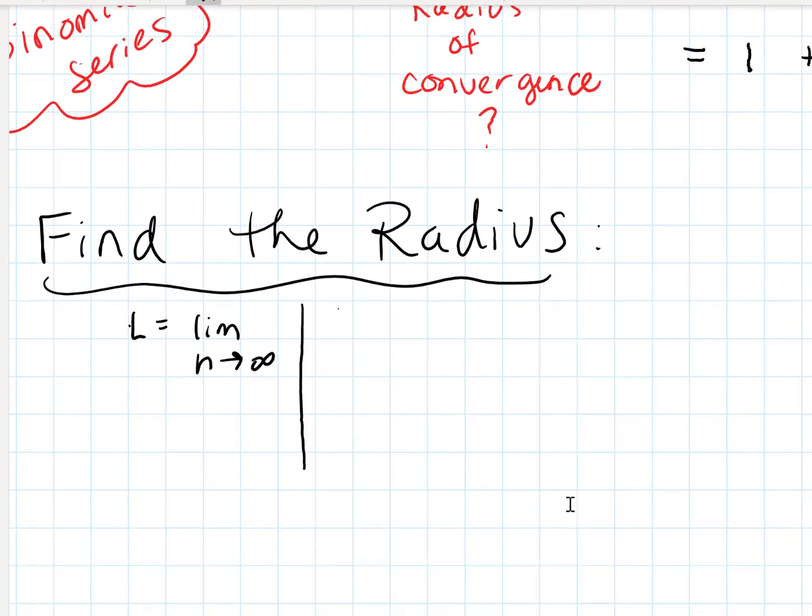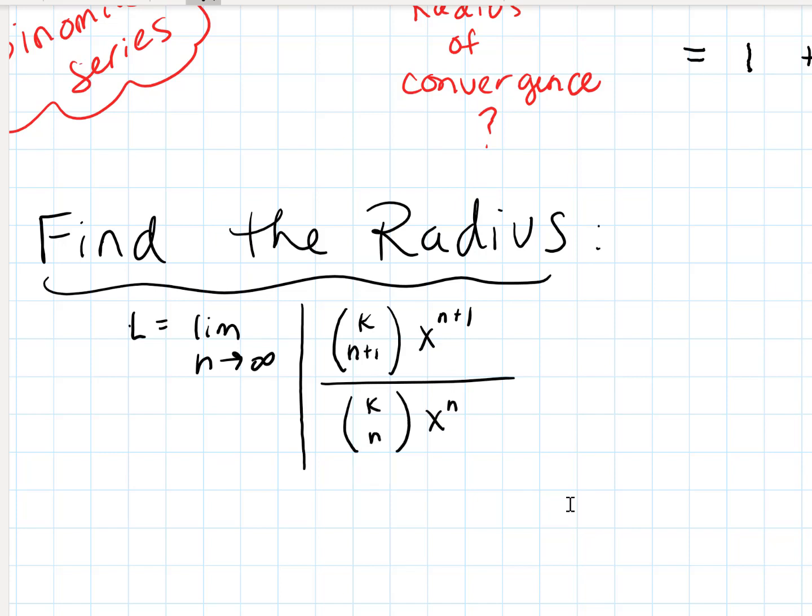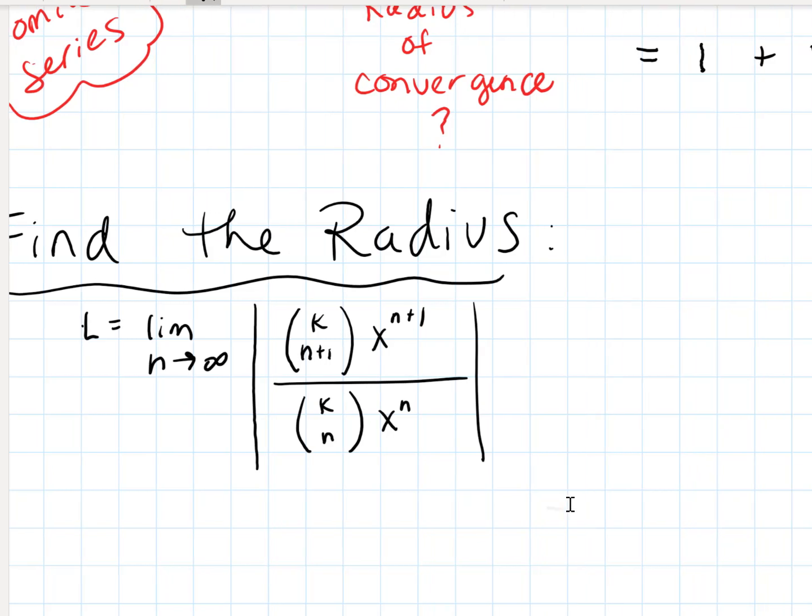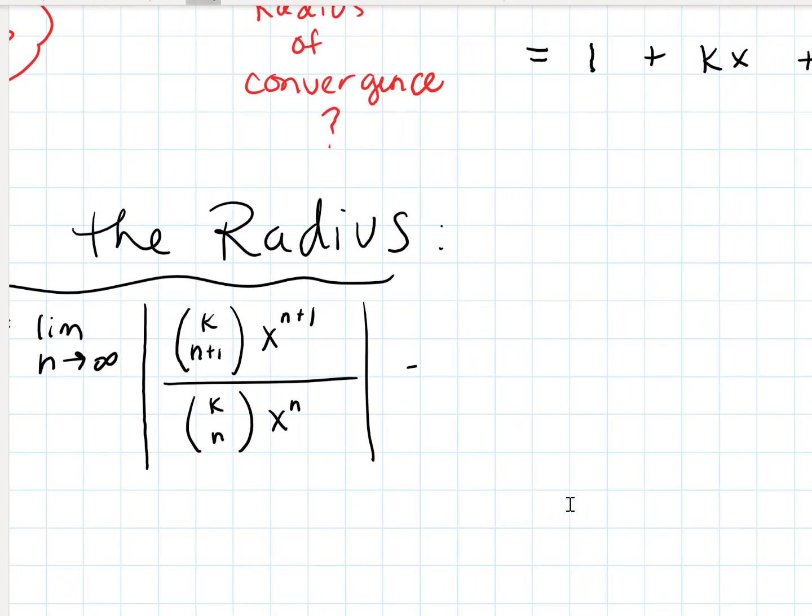So we'll have k choose n plus 1 times x to the n plus 1, over k choose n times x to the n. And let's see what we get there. When we expand that out, obviously the x is reduced and we have just the absolute value of x, which I'm going to put on the outside. So the absolute value of x times the limit as n approaches infinity.